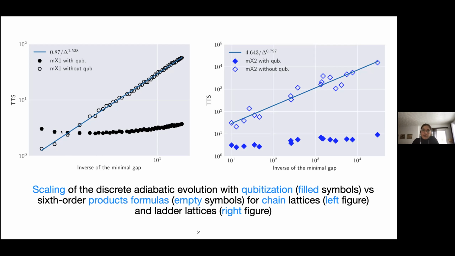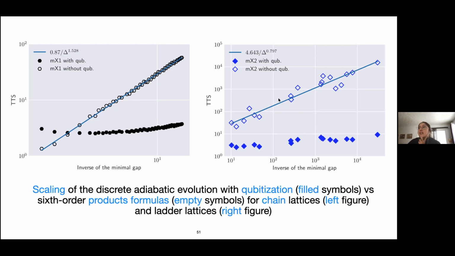So in this graph, I have the 1D chain. And in this graph, I have the ladder lattices, so a Z2. And you can see the empty symbols are for the version without qubitization, and the filled symbols are the version with qubitization.